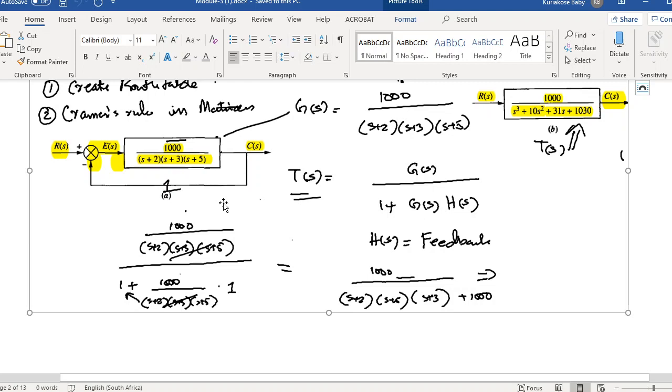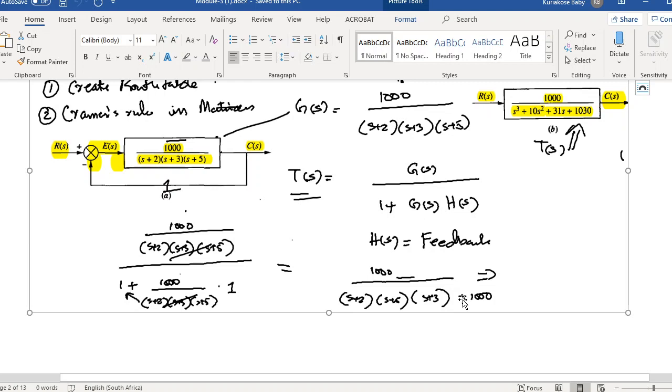Therefore, your equation basically becomes 1000 divided by (s plus 2)(s plus 3)(s plus 5), the whole divided by 1 plus 1000 divided by (s plus 2)(s plus 3)(s plus 5) into 1. Therefore, when you cross multiply, the denominators get cancelled, and you end up with 1000 divided by (s plus 2)(s plus 3)(s plus 5) plus 1000.